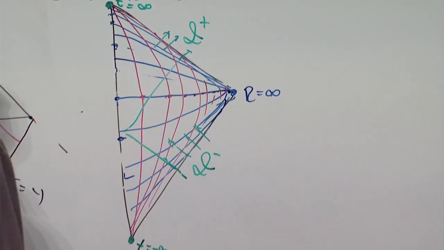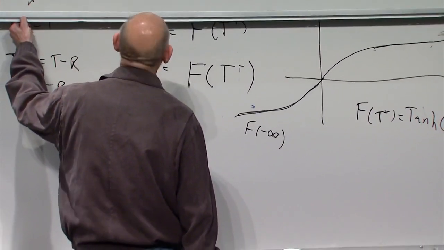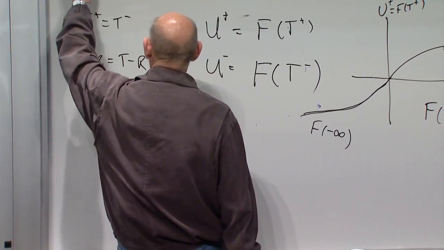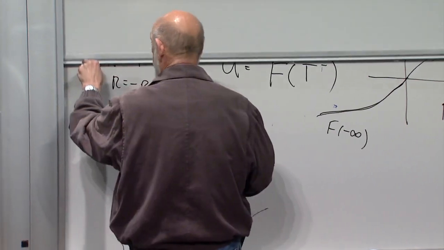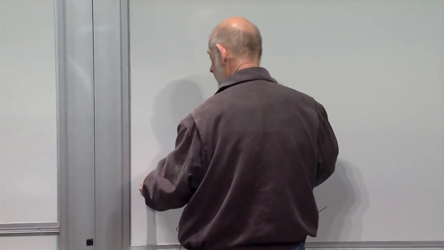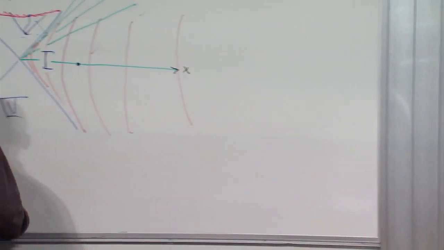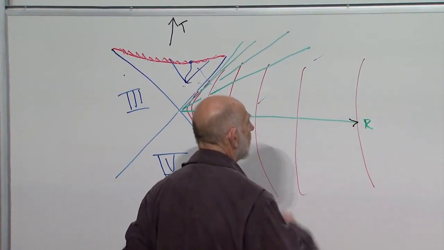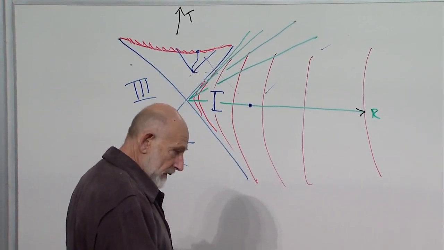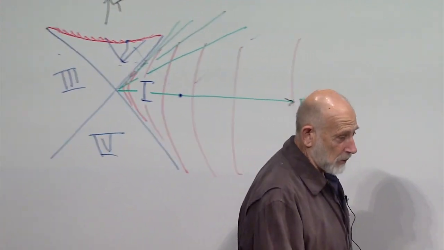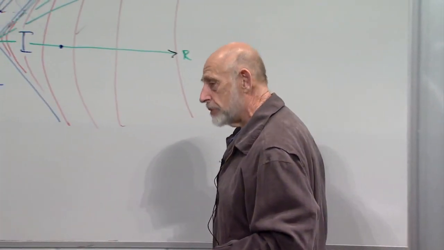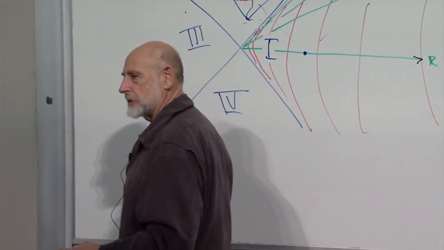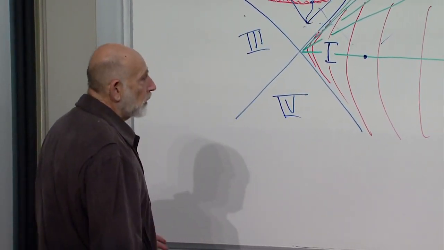Now, what about the black hole? The Schwarzschild black hole, what does that look like? We can do exactly the same thing. Take this whole diagram, the original Kruskal coordinates, and again introduce light-like coordinates, t plus r and t minus r, and do exactly the same operation. What will we get?